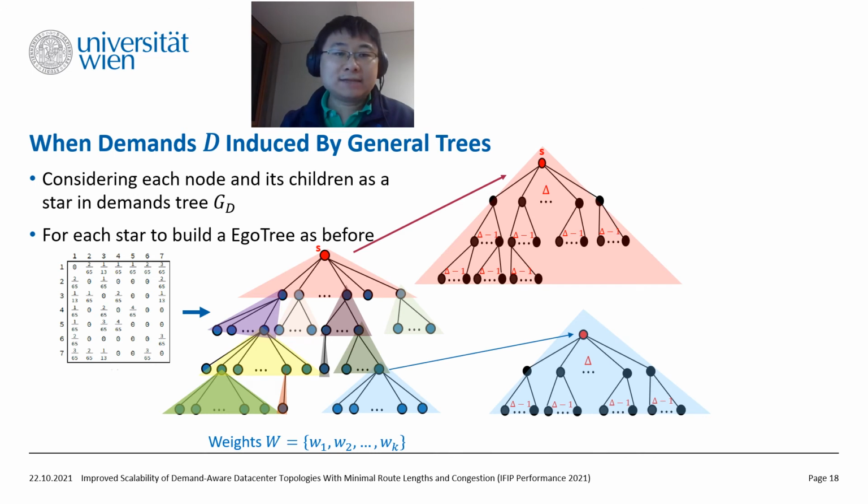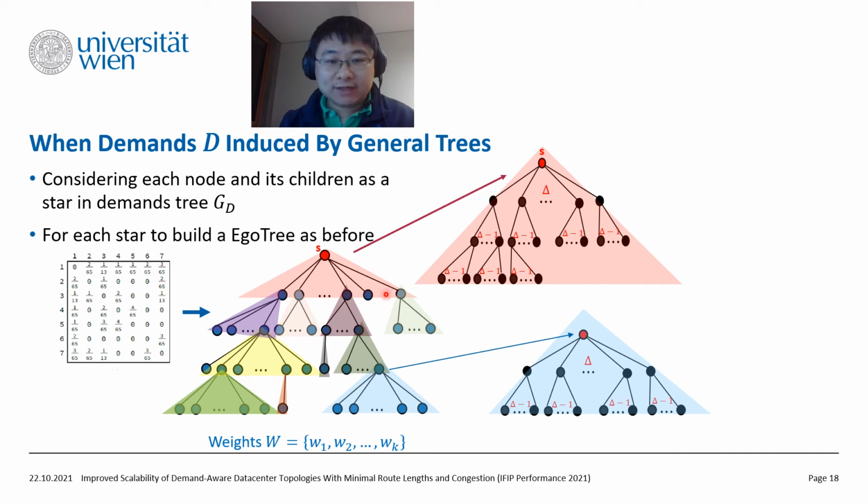When the demands are induced by a general tree, not a star anymore, we can still logically partition it into different stars, as we show by this colorful triangle. Each node can be a child of one star and the root of a different star.